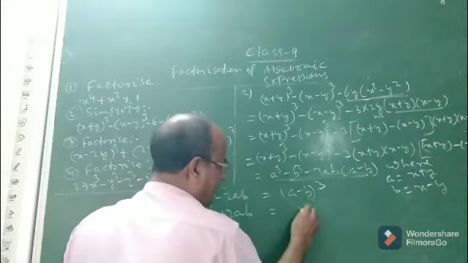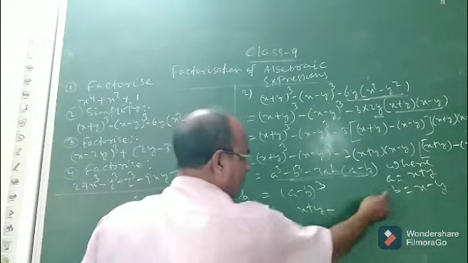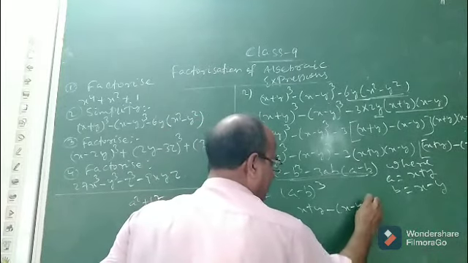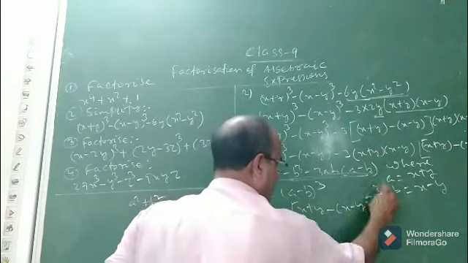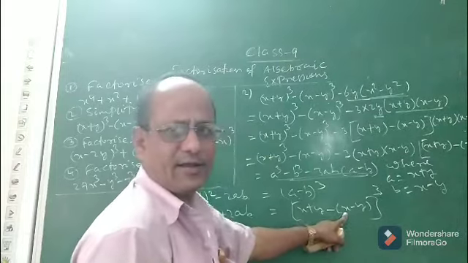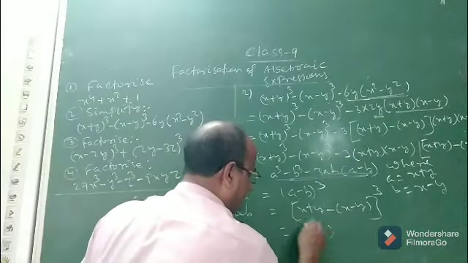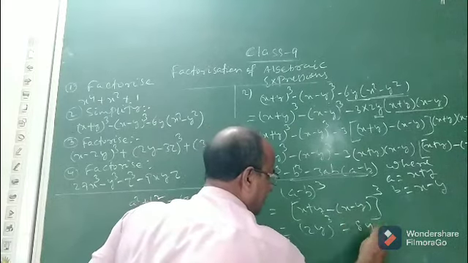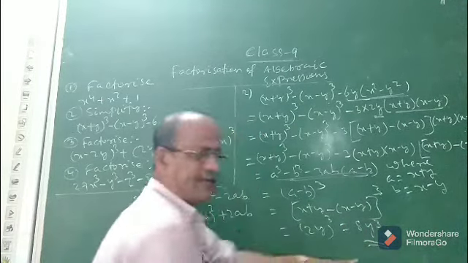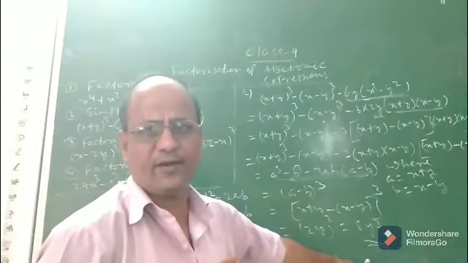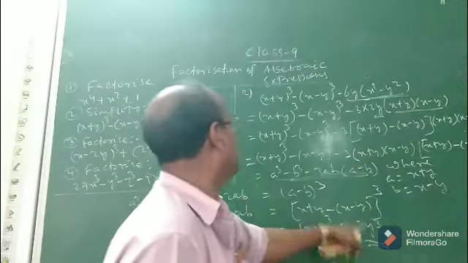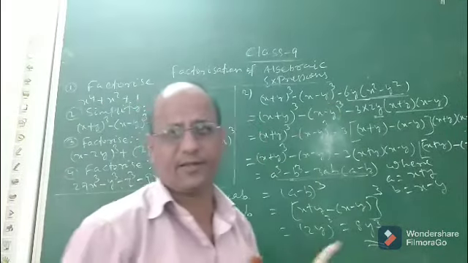Now put the value of a, it is x plus y. Put the value of b, x minus y, then it is whole cube. Okay. So the x will be cancelled, y plus y will be 2y. So this will be 2y whole cube, that is 8y cube. See children, this will be the simplified value.